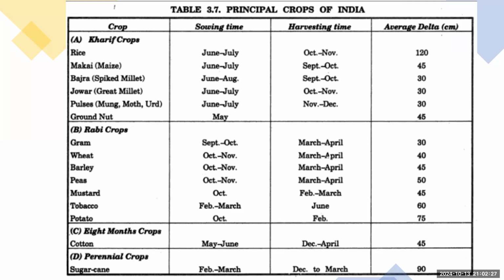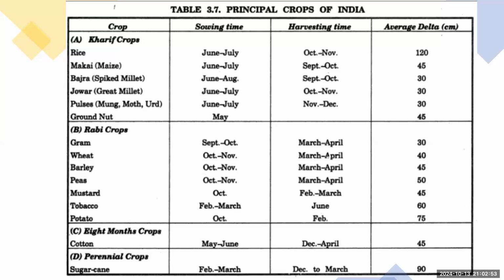And if we consider the last crop, that is sugarcane. For sugarcane, the sowing time is between February to March, and harvesting time is between December to March. So this sugarcane needs 12 months of watering. That's why it is called a perennial crop. And this needs an average delta of 90 centimeters.